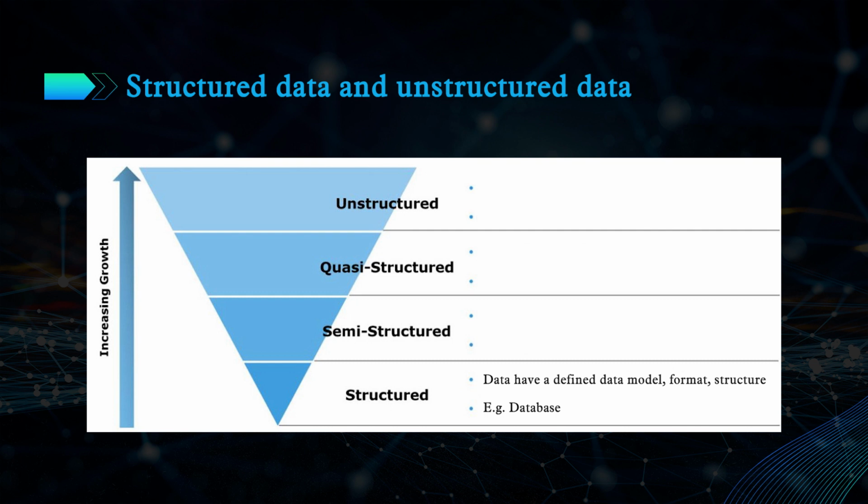The second type is semi-structured. This kind of data is somewhat structured, but not completely. This may seem to be unstructured at first, and does not obey any formal structure of data model such as Relational Database Management System, RDBMS.